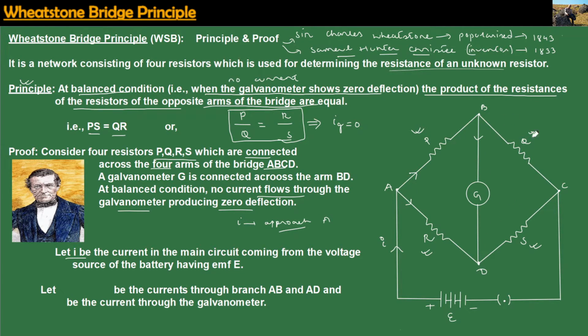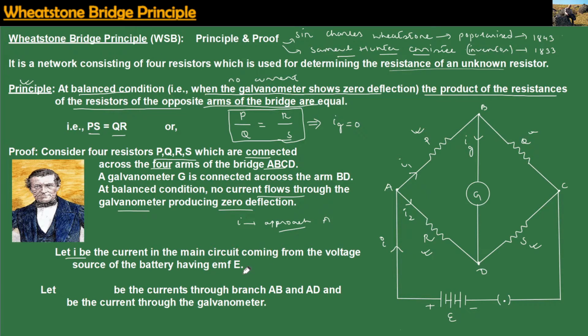Let I1 be the current across arm AB, I2 be the current across arm AD, and let IG be the current across arm BD.